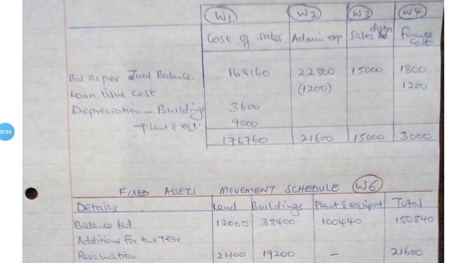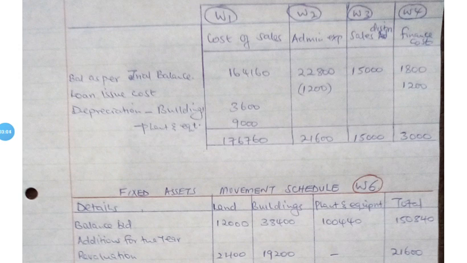So that is our working table for our income statement. You write working one to represent the working for cost of sales, working 2, the workings for administration expenses, working 3, the workings for sales and distribution, and working 4 to represent the workings for finance cost.